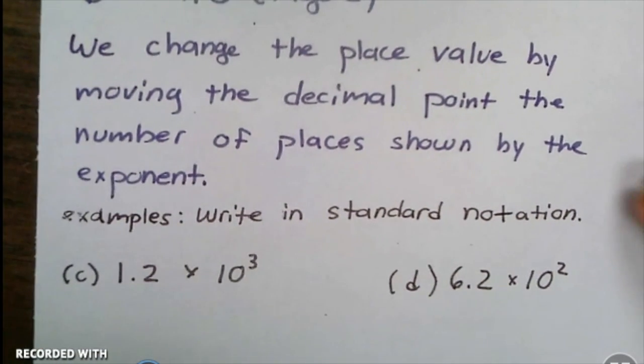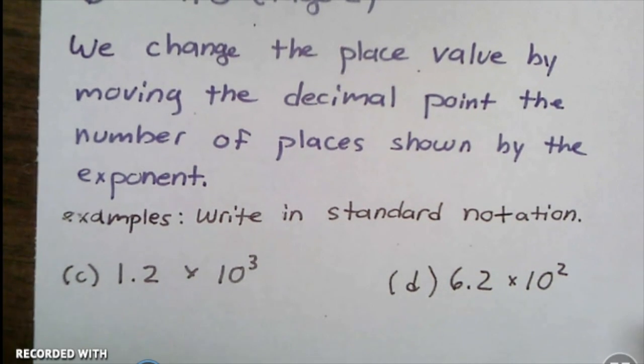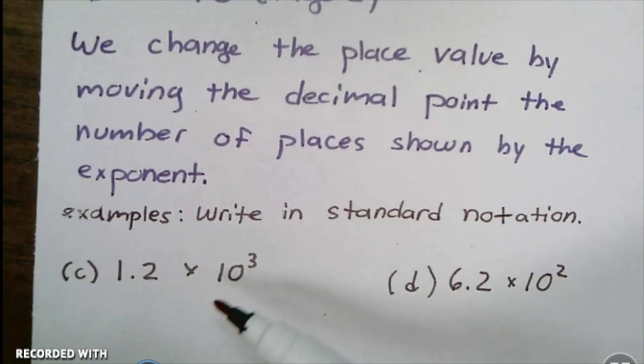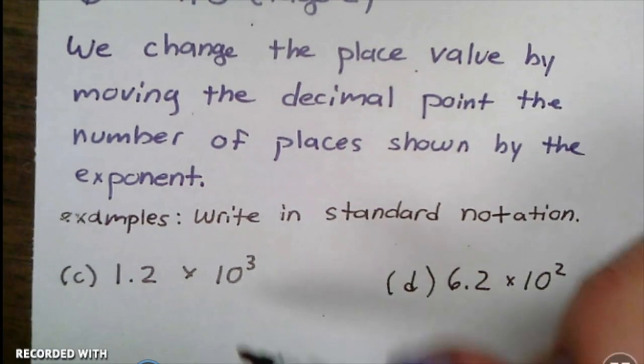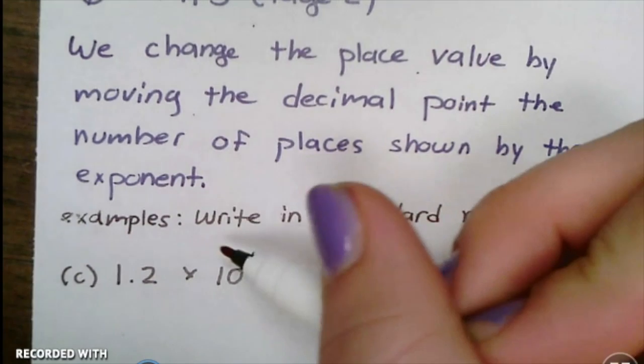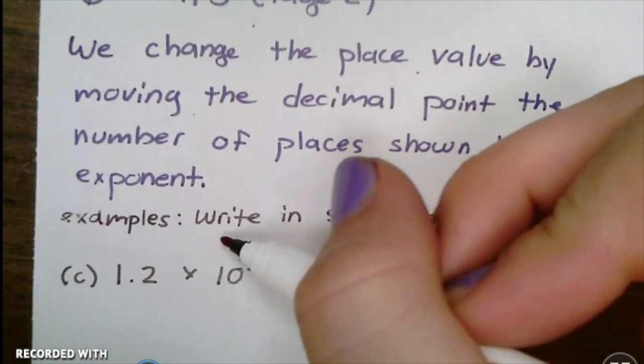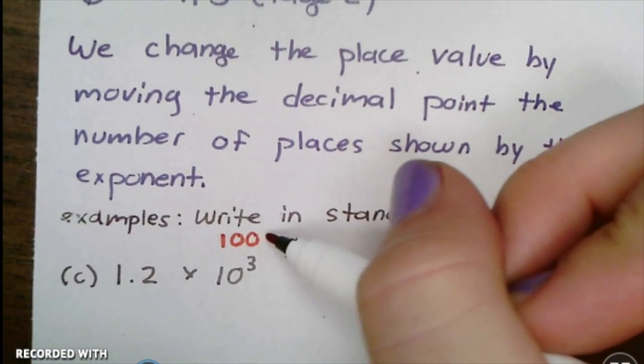We change the place value by moving the decimal point the number of places shown by the exponent. So an example, it says write this in standard notation. And here we have 1.2 times 10 to the third.